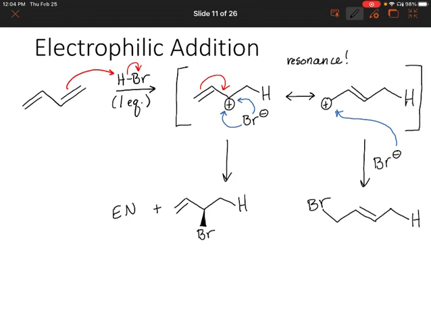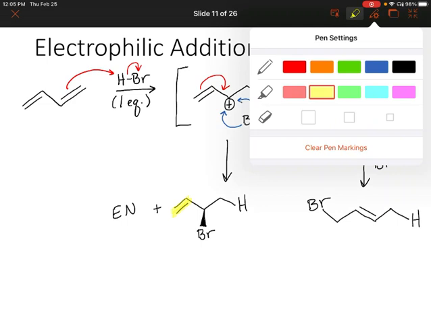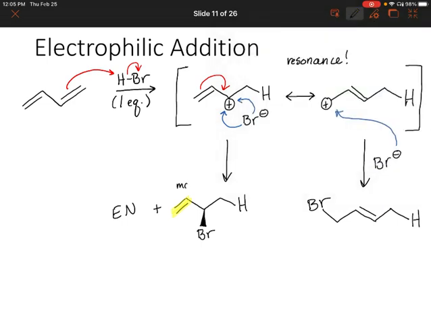Now let's look at our products here. Let's look at the one on the left, and let's focus on that double bond. Is that double bond mono-substituted, di-substituted, tri, or tetra-substituted? It's mono-substituted.